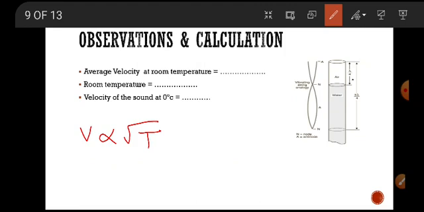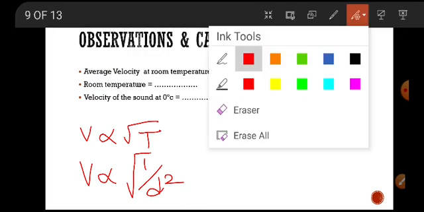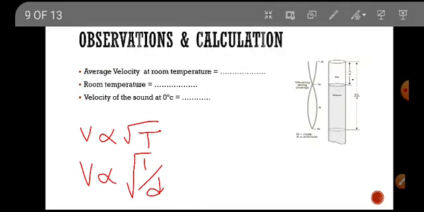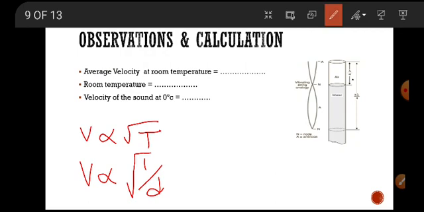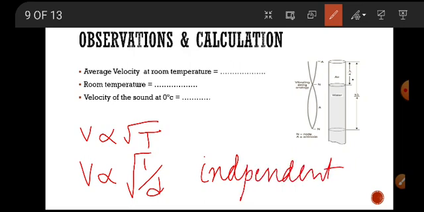Here the medium is air. The velocity of sound is inversely proportional to the square root of the density of the medium, and the velocity of sound is independent of the pressure of the medium.